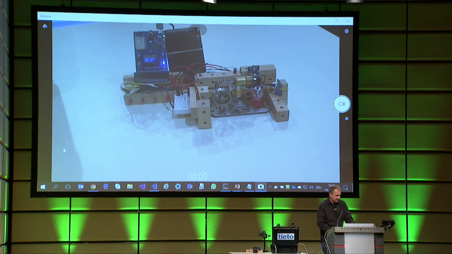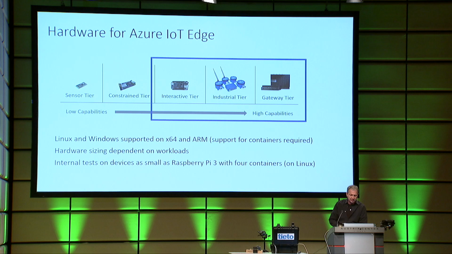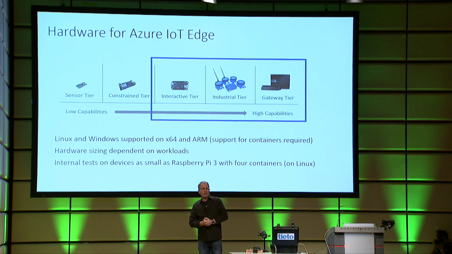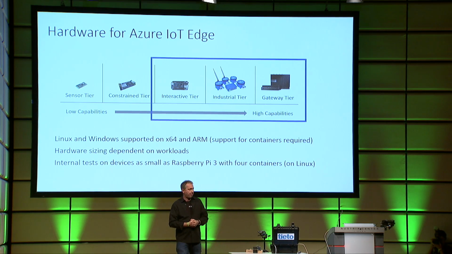But the minimum hardware requirement is way lower. It starts already with a Raspberry Pi 3. It can be anything that runs Docker, can be Linux, can be Windows machine, yeah, as long as it hosts Docker, so it's cross-platform.